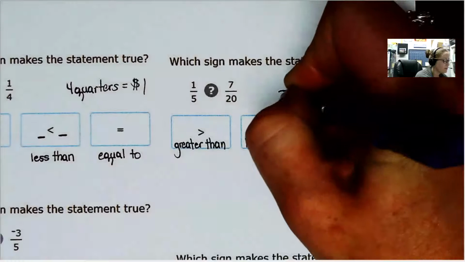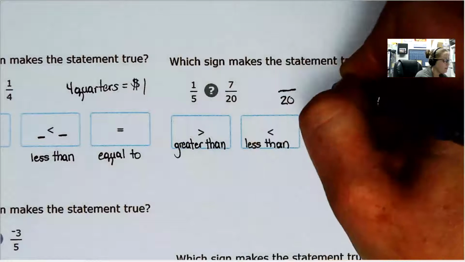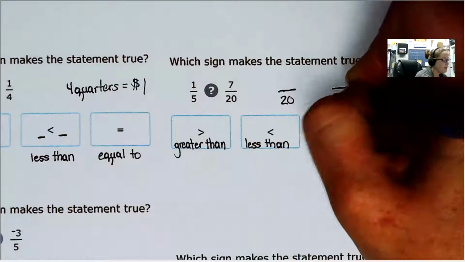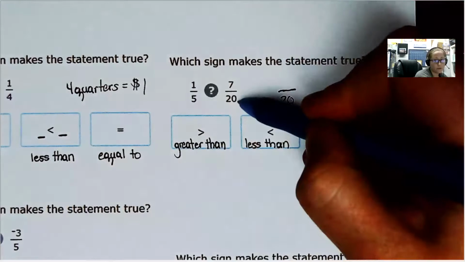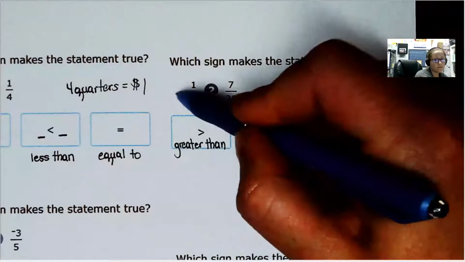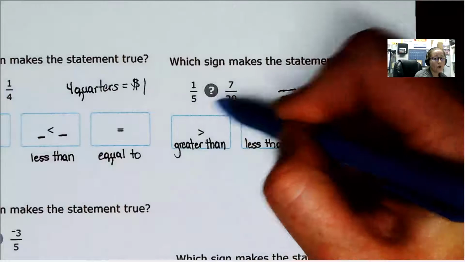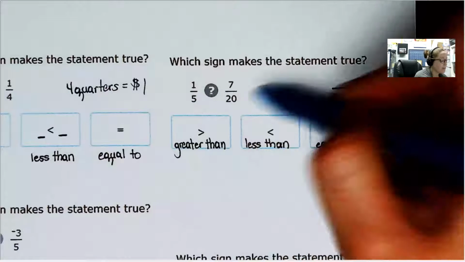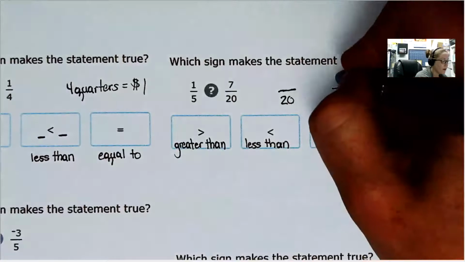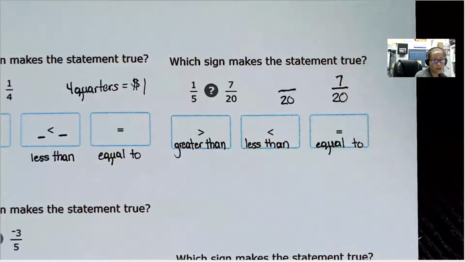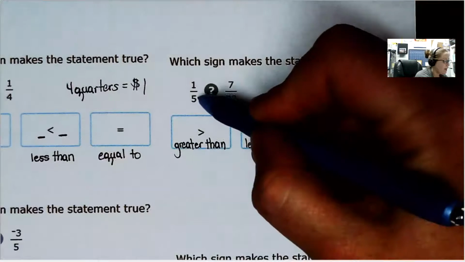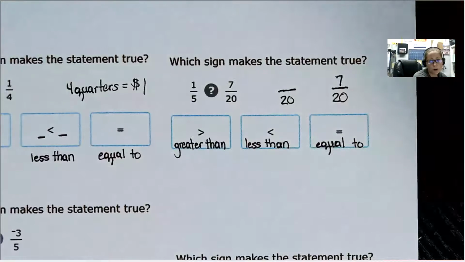So we want this to be 20 and this to be 20 as well, because 5 can go into 20. So we just make the denominators equivalent. How many times does 5 go into 20?